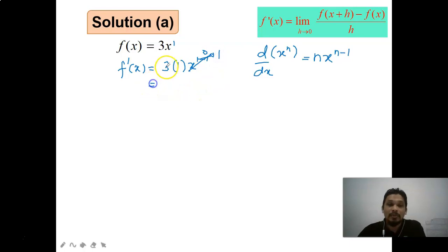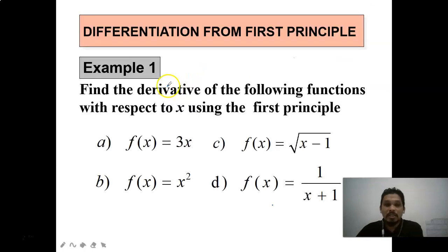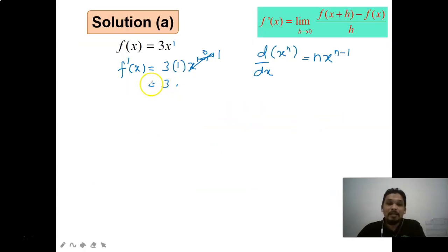So 3 times 1 equal to 3. Actually, we cannot simply write down the answer f prime x equal to 3, because according to the question, find the derivative of the following function with respect to x using the first principle, meaning this is only our reference. Okay, this is only our reference.